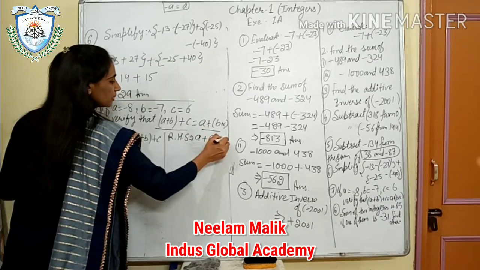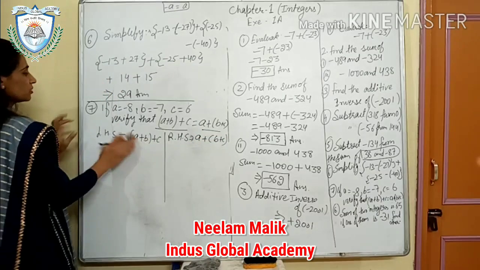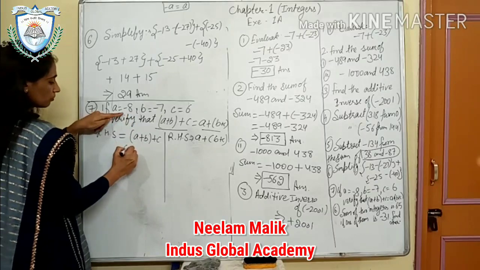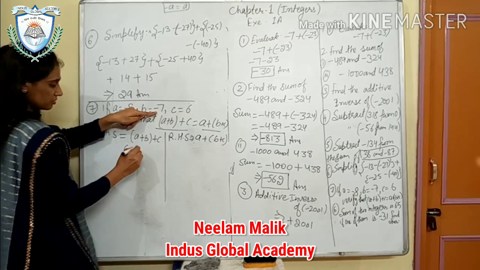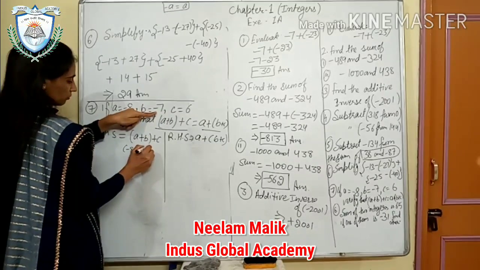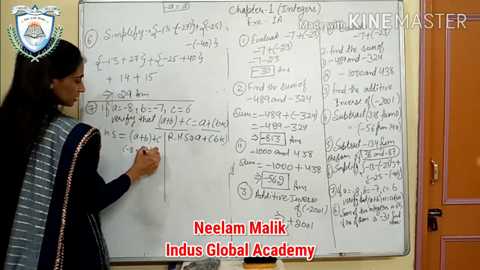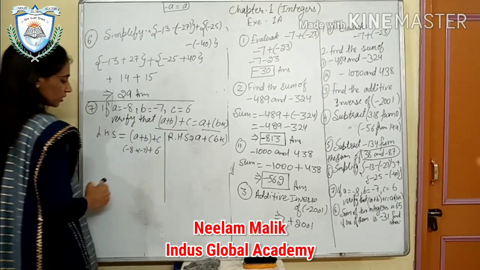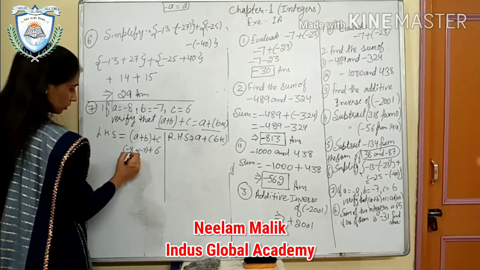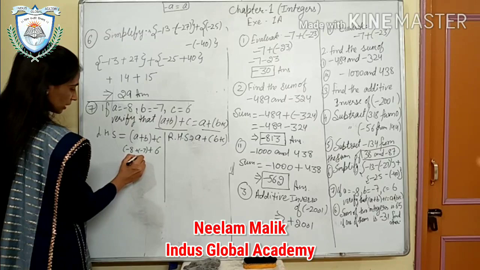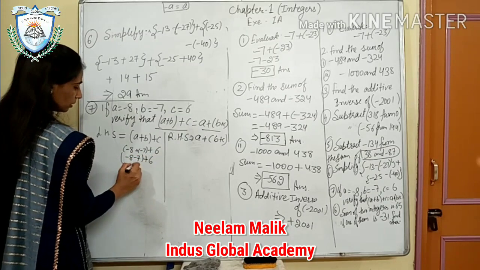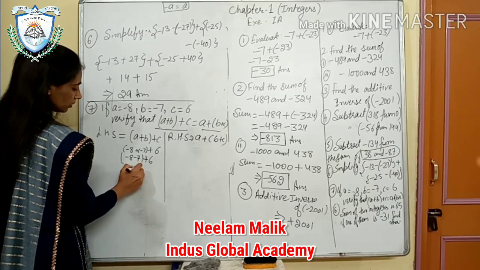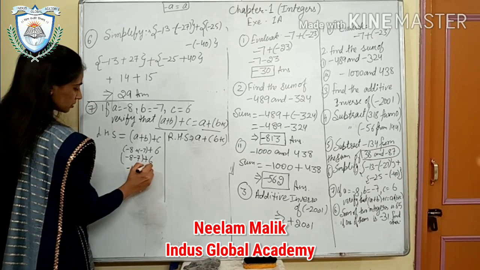First we will add A plus B. A plus B means minus 8 plus minus 7, and plus C. What is C? 6. So it will be minus 8 minus 7 plus 6. It will be 15 plus 6.